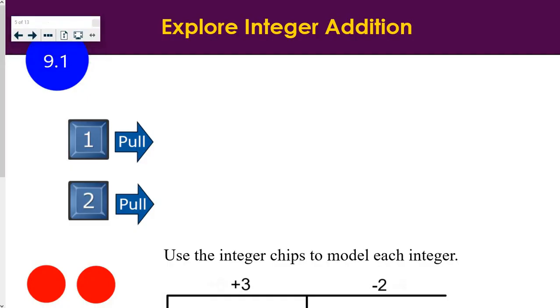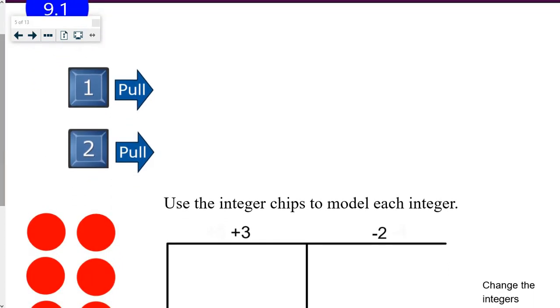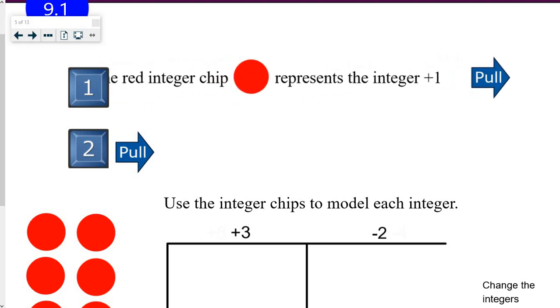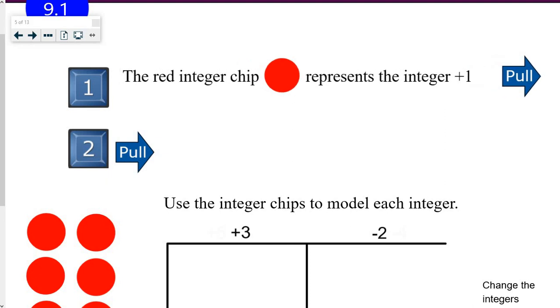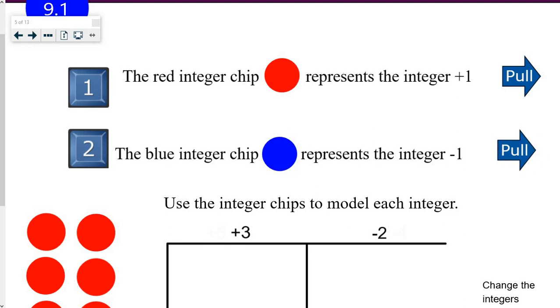Explore integer addition. So for 9.1, now that we know integers, let's use the integer chips to model each one. So what is happening here? We know that the red integer chip represents a positive 1, and the blue integer chips represent the negative 1.